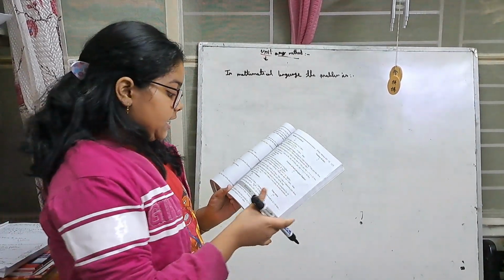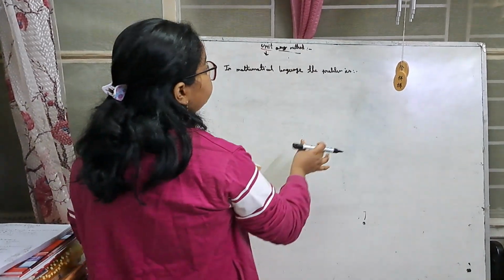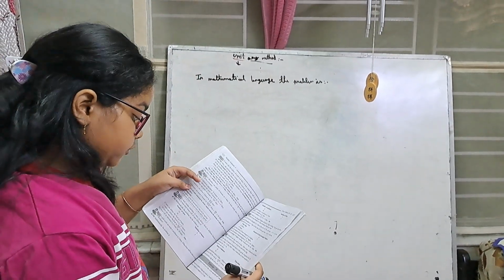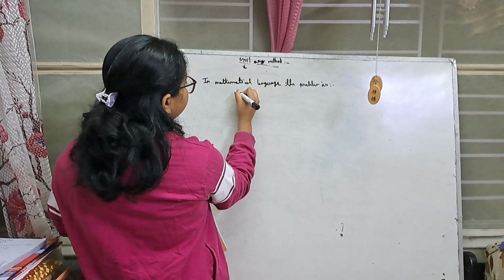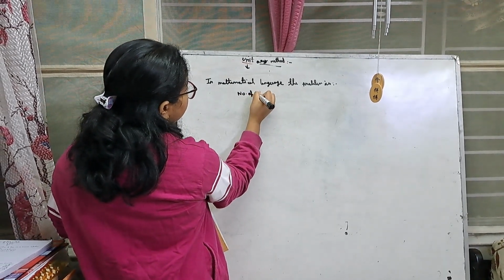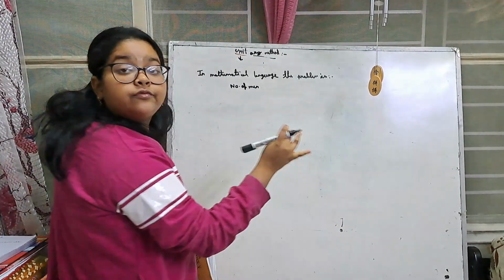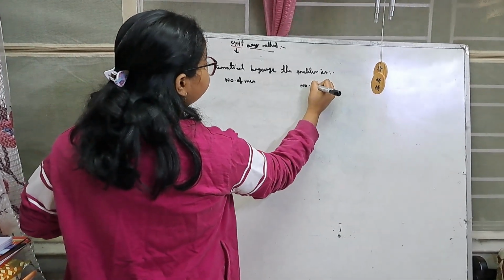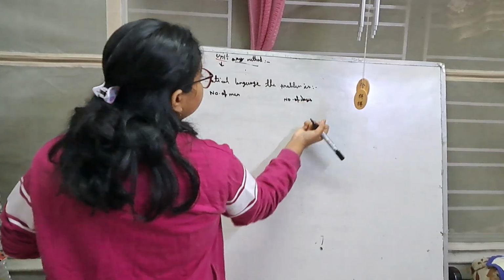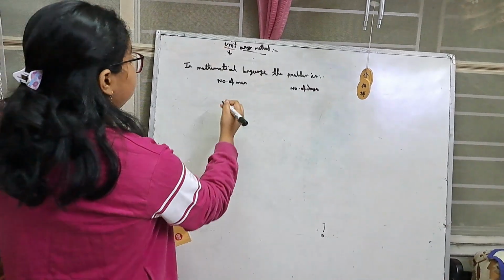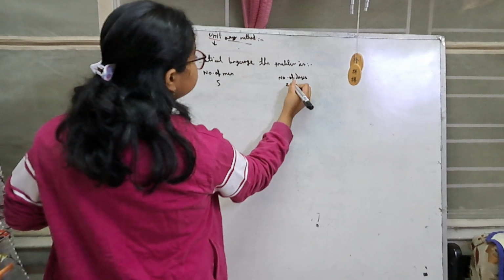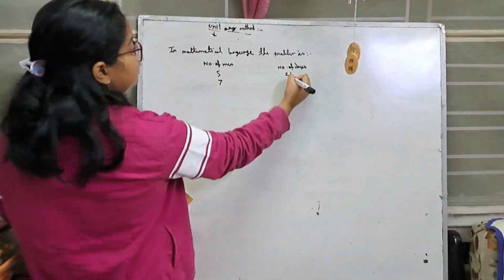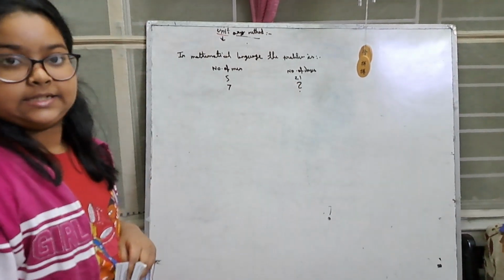So we have to find the days. What we have to find, we should always write on the right hand side. So first we write the number of men, and then the number of days on the right hand side. 5 men can do a piece of work in 21 days, so 7 men will take how many days?